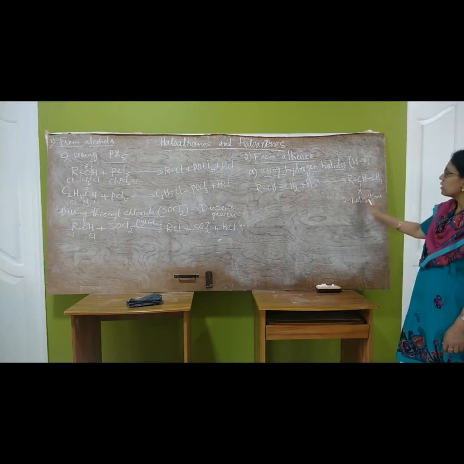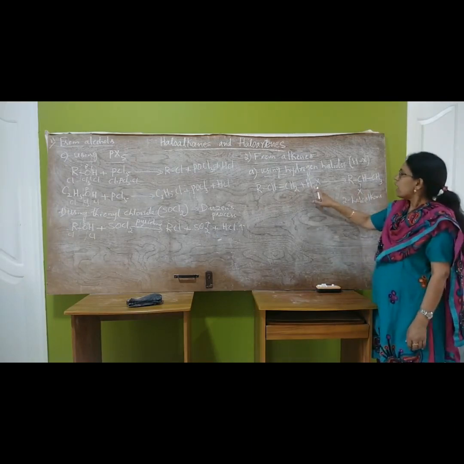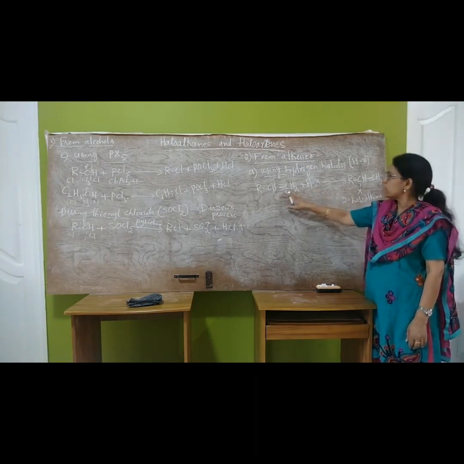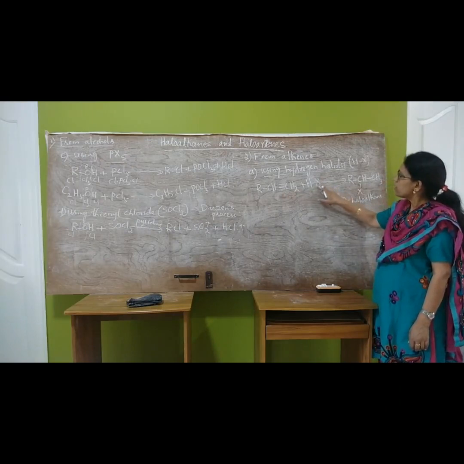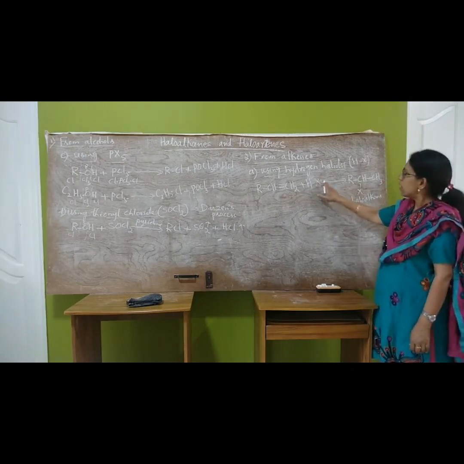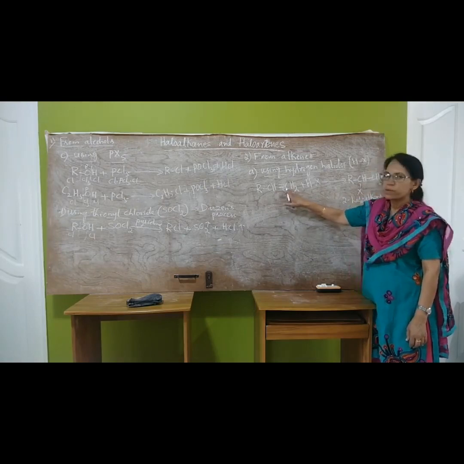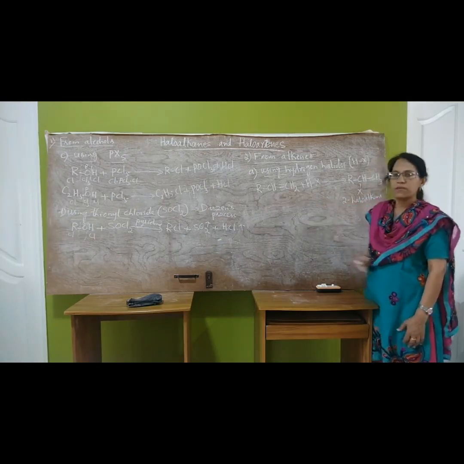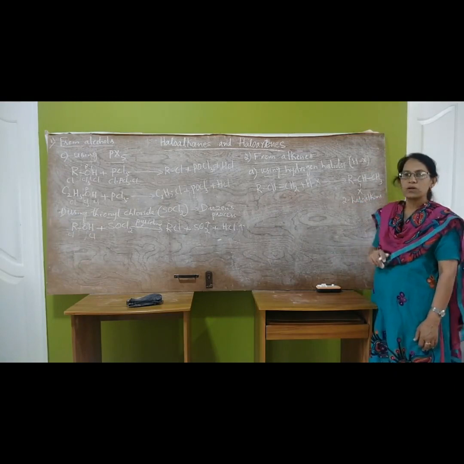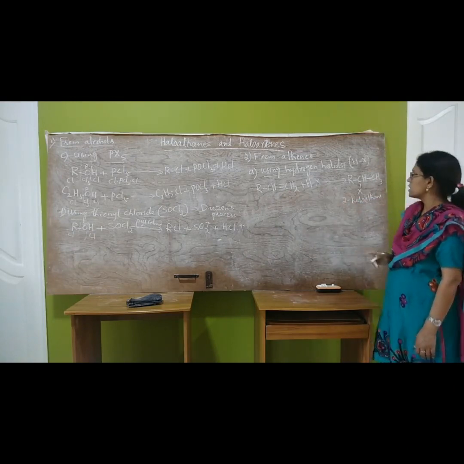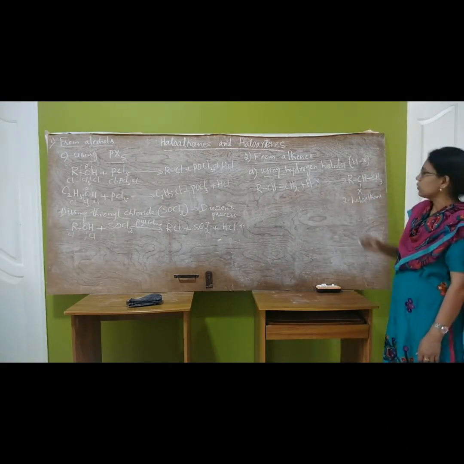Whenever an unsymmetrical reagent is added to an unsymmetrical alkene, the negative part of the added molecule attaches to the carbon atom of the double bond containing the least number of hydrogen atoms. This is Markovnikov's rule.